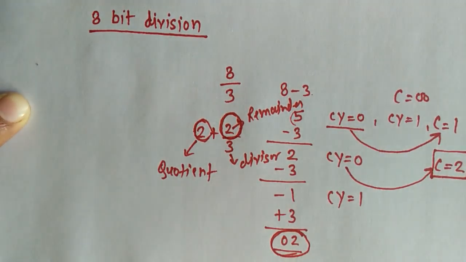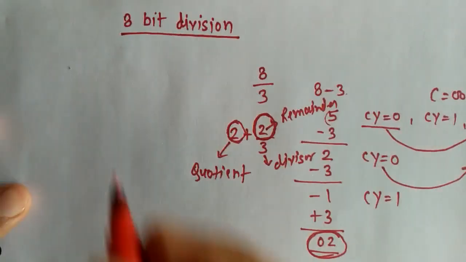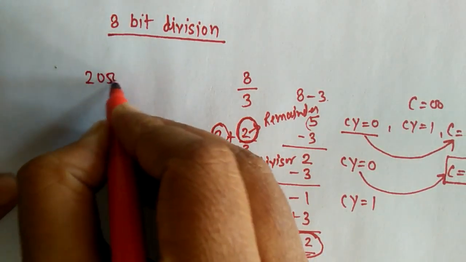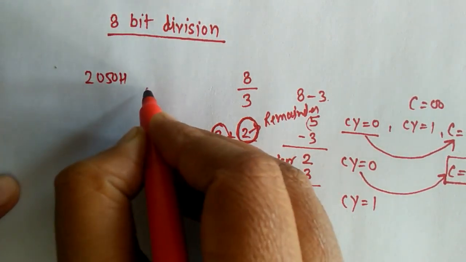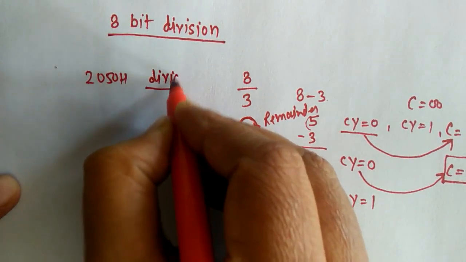Okay, so let's write the program for this. So assume that at address 2050H the dividend will be given, that means the number.